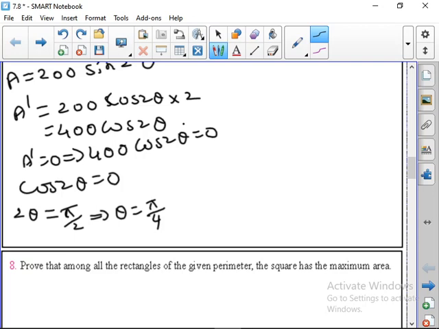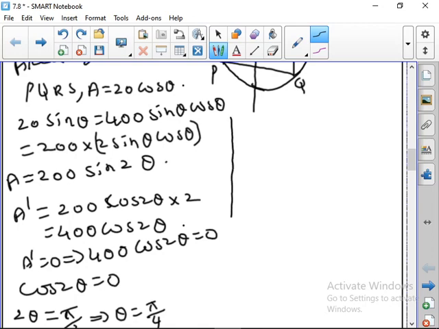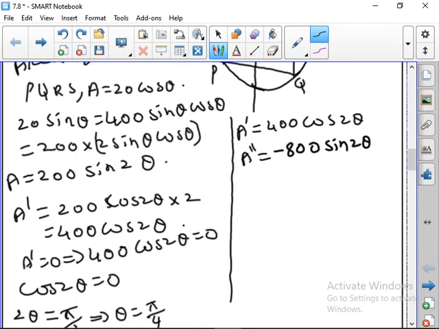Now we have to find A double dash. A dash is equal to 400 cos 2 theta. So A double dash: the differentiation of cos 2 theta is minus sin 2 theta into 2, so it is minus 800 sin 2 theta. Now when theta is equal to pi by 4, substitute pi by 4 for theta.